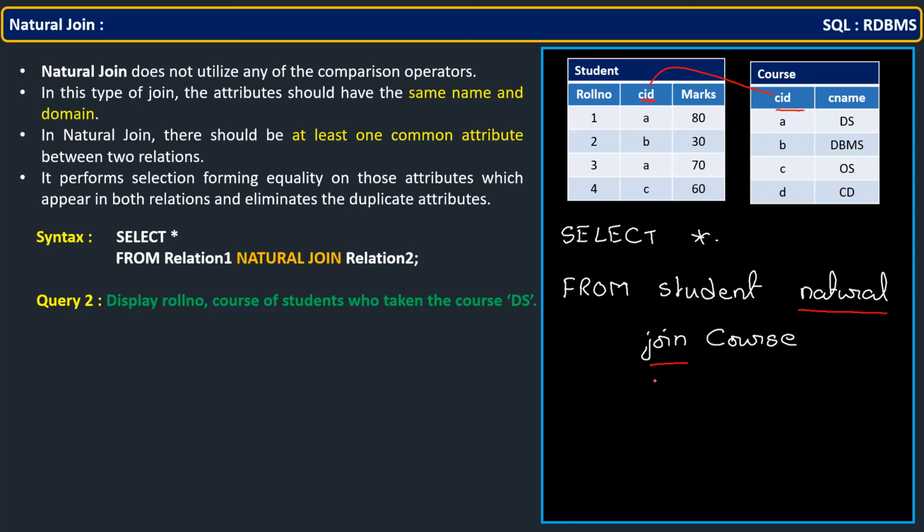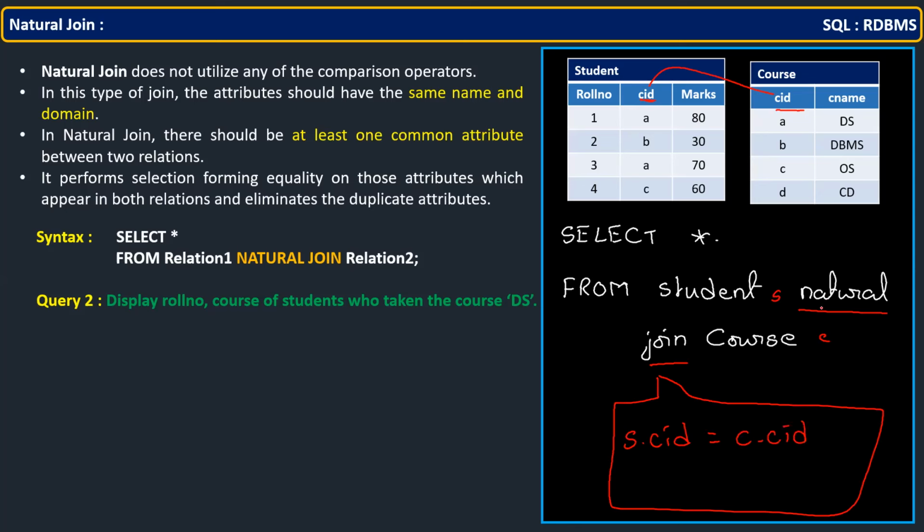It will put it automatically. The compiler will do that job when you mention natural join. That is really very important.